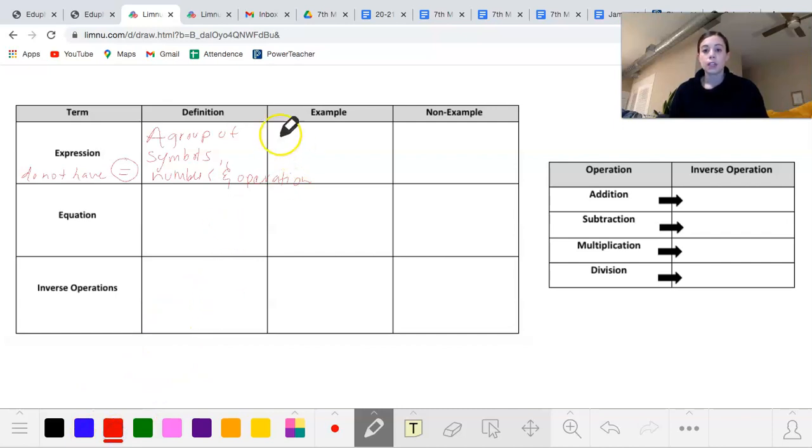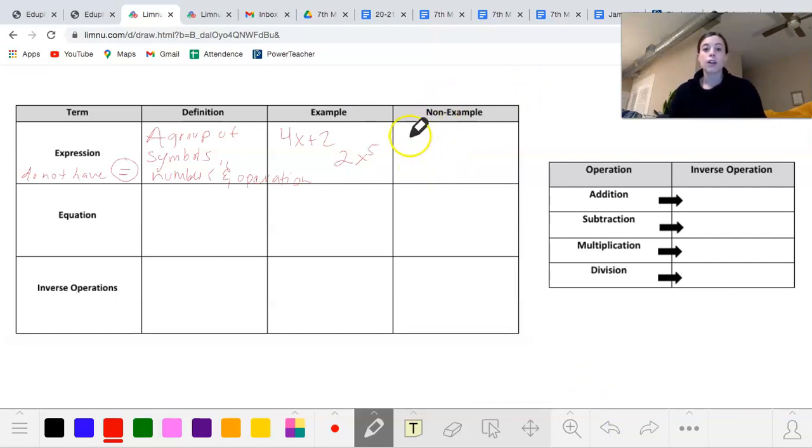It could be 4x plus 2, no equal sign. It could be 2x to the 5th power. It could be 5 over y. As long as it doesn't have an equal sign.